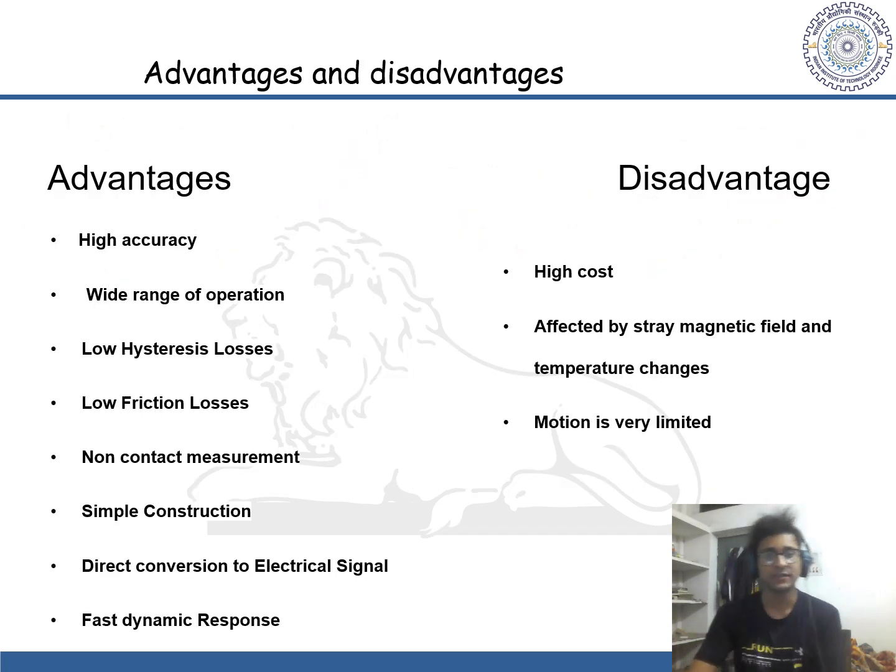Now, some advantages and disadvantages of LVDTs. LVDTs are highly accurate in measuring small changes in physical quantities, because they can be measured over a variety of ranges of distances over a short interval.